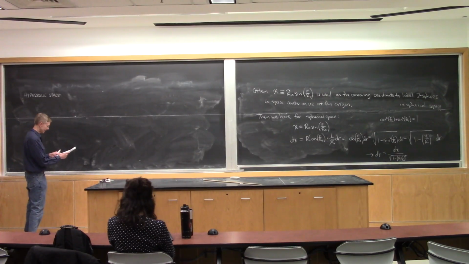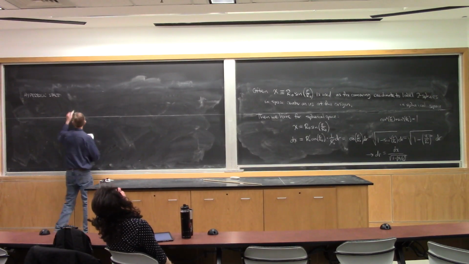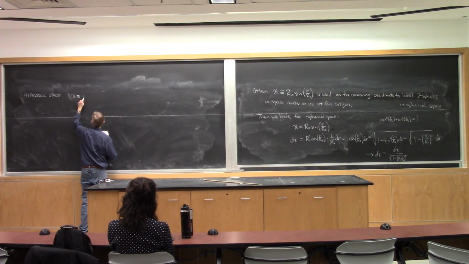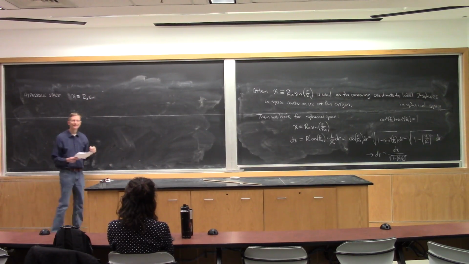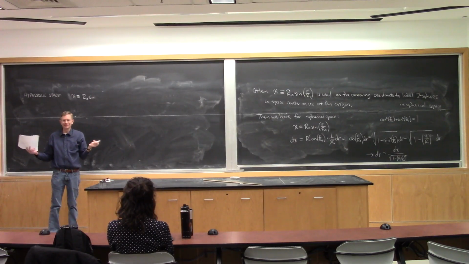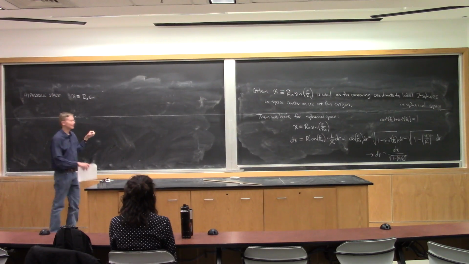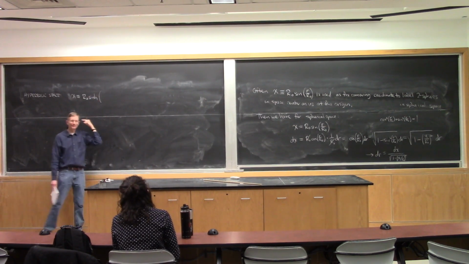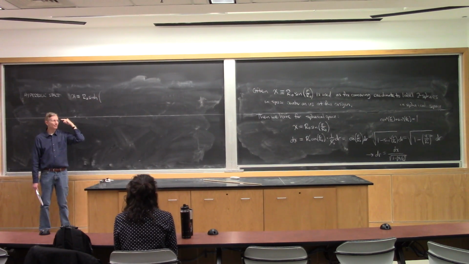Hyperbolic space, we're going to say x is r naught sinh. Wow, I wrote h bar because you bar so many h's in physics. What happened in my brain that did that?